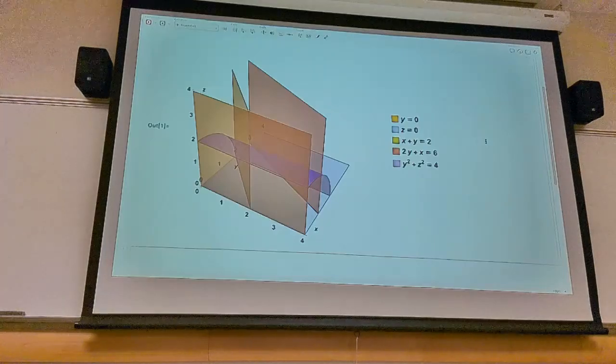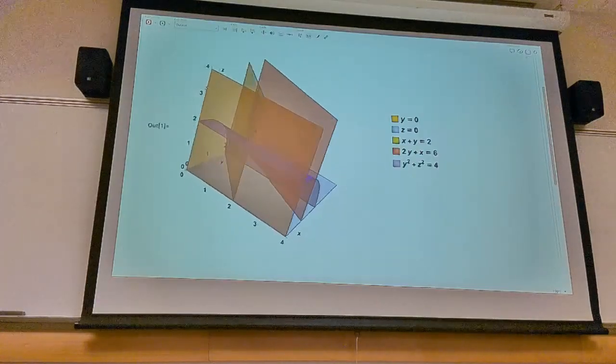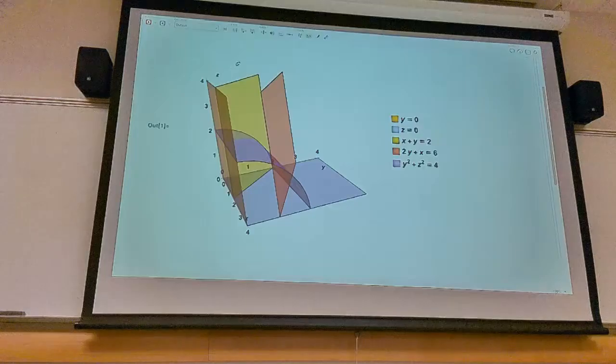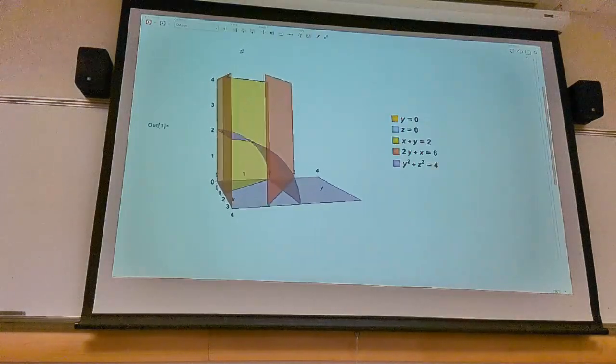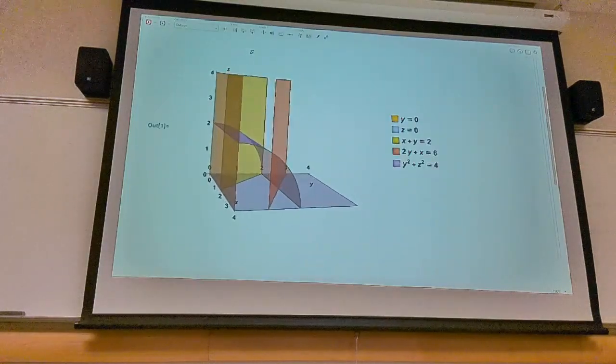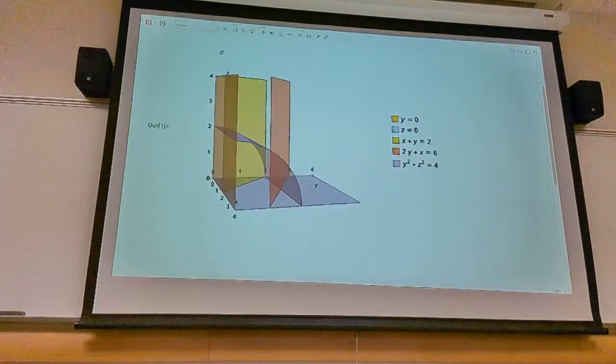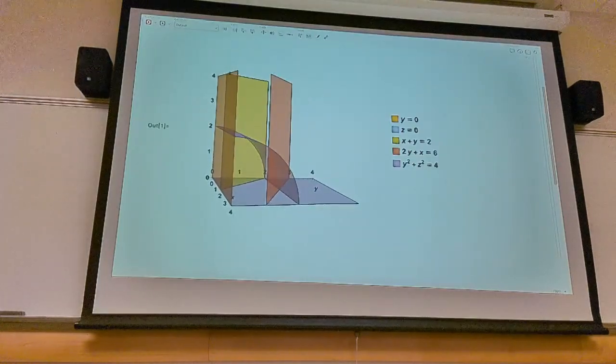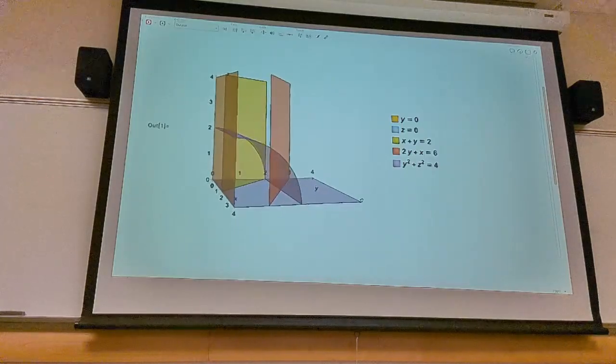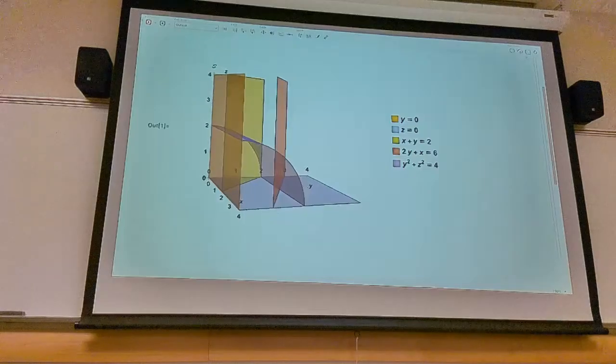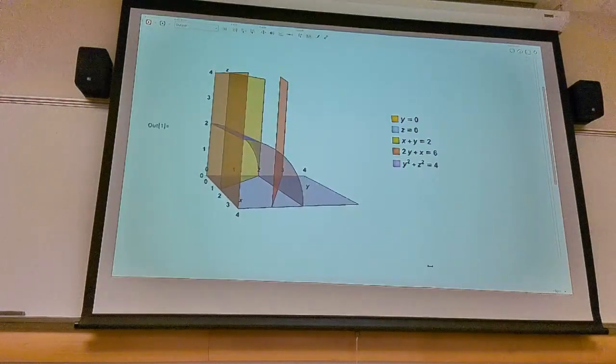And this is how it looks. Let's try and rotate that again to an advantageous kind of orientation. Well, that kind of looks good.